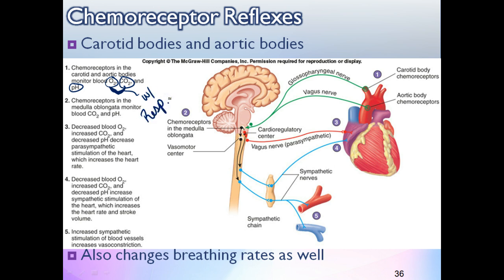And we can make changes to the cardiovascular system to circulate this blood to and from the respiratory system more quickly in order to make those adjustments. But unless we also make changes to our breathing rates, we're not going to be able to adequately deal with the situation. So it's important that in addition to making these changes to the cardiovascular system, we also make respiratory changes as well.